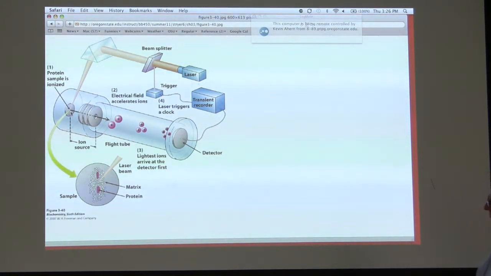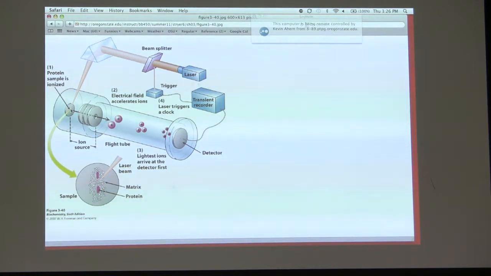So we can imagine right here a little sample. It's in a little tiny crystal. Okay? So my material that I'm interested in is embedded in this crystal, and it's waiting for me to volatilize it. All right? So I introduce it into this vacuum chamber, and yes, that takes a little sophisticated technique, but you get it into the vacuum chamber. It's sitting here waiting for the process to get started.